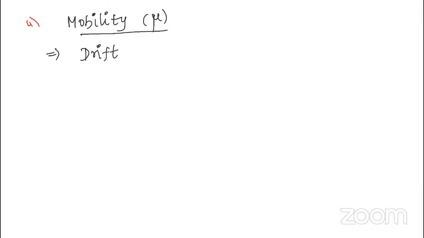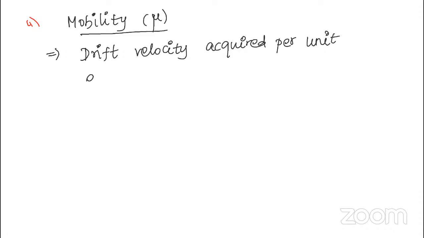Drift velocity acquired per unit electric field. So here it is represented by the letter mu, right?